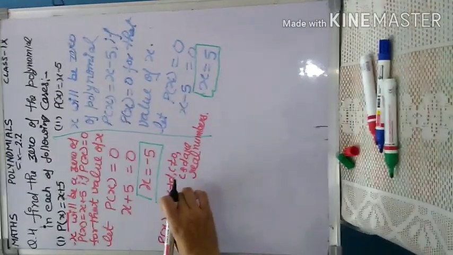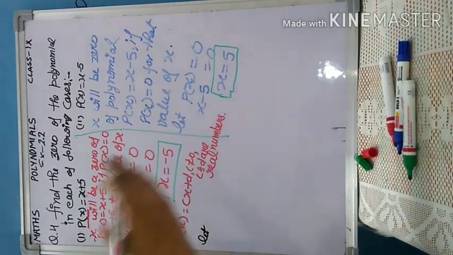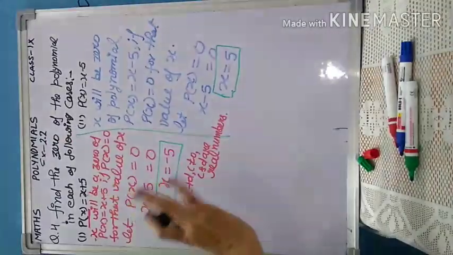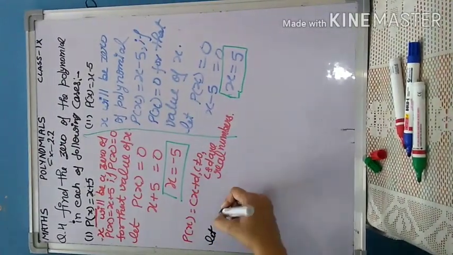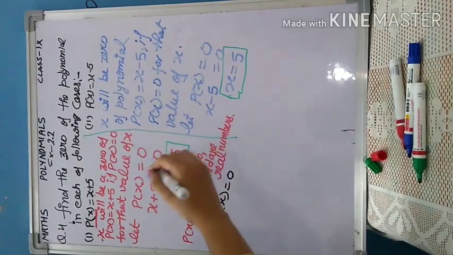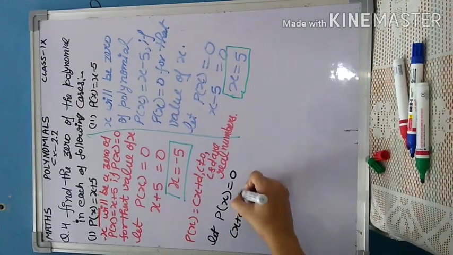Okay, in place of some numbers they have used these alphabets, but they have mentioned that c is not 0 and c and d both are real numbers, so we don't worry about it. Now let p(x) = 0 for some value of x. Okay, that means cx + d = 0.